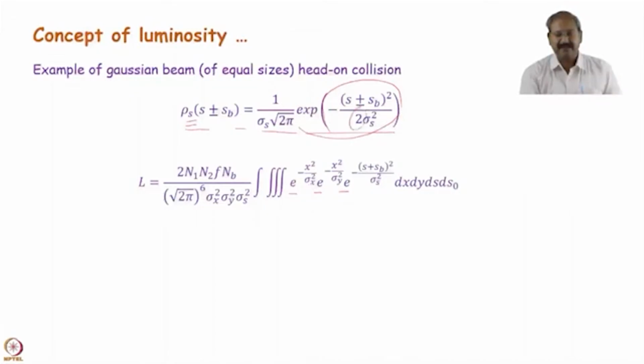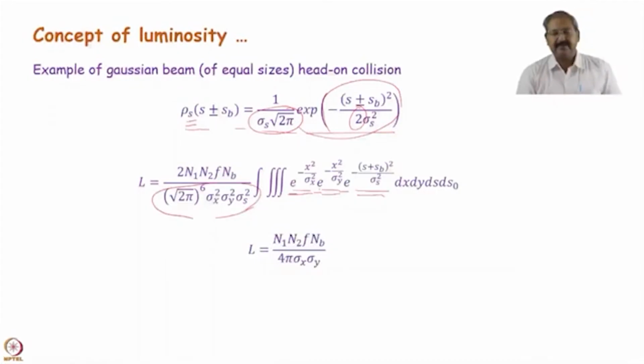That's why this 2 has been omitted here, because both have the same. For the first bunch we have e raised to minus x squared by 2 sigma squared, and for the second bunch also e raised to minus x squared by 2 sigma squared. So it will become e raised to minus x squared over sigma x squared. Similarly in the y case, similarly in the s case. And sigma s root 2 pi makes this denominator.